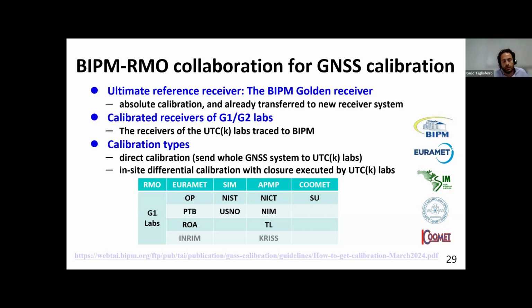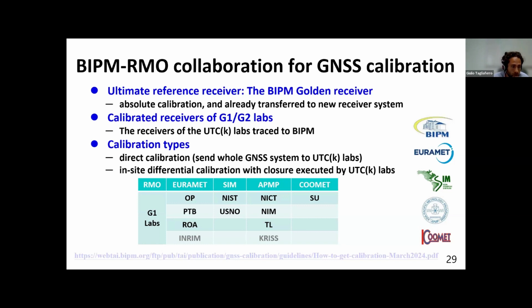And in case the BIPM reference receiver goes out of service, the values are transferred to a new receiver. In the last 2 G1 trips, we saw no variation of these values, and so the values are kept the same.